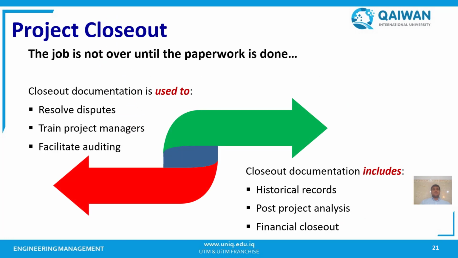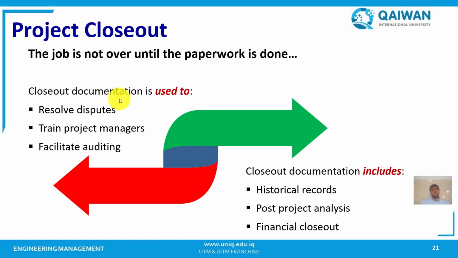Project closeout. Project closeout refers to the final phase of a project where activities are undertaken to formally complete or wrap up and transition the project to its intended stakeholders or operational state.